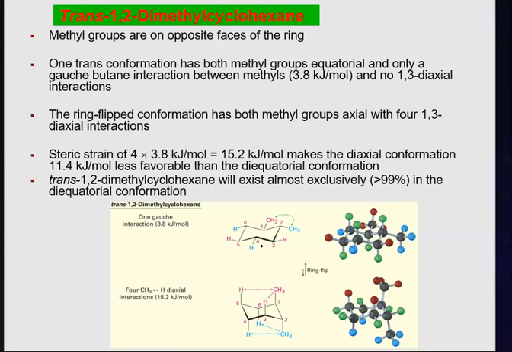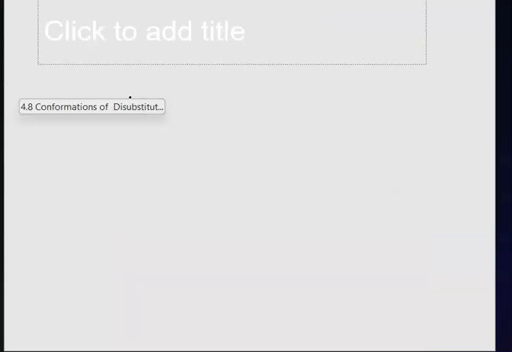So here we are looking at a 1 and 2 position, right? So let's redraw that. So now we are looking at di-substituted cyclohexanes.